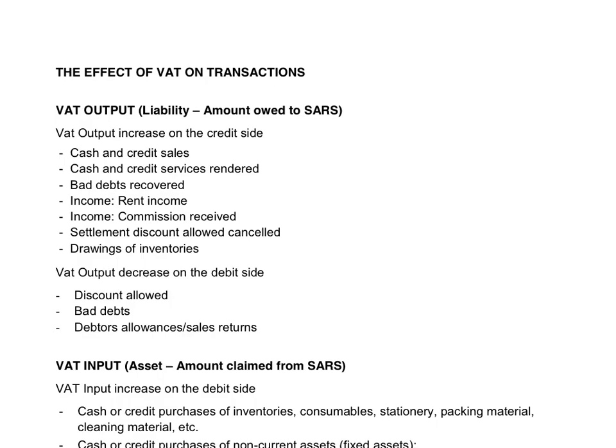VAT output is a liability because the amount is owed to SARS. VAT output increases on the credit side because all liabilities increase on the credit side.